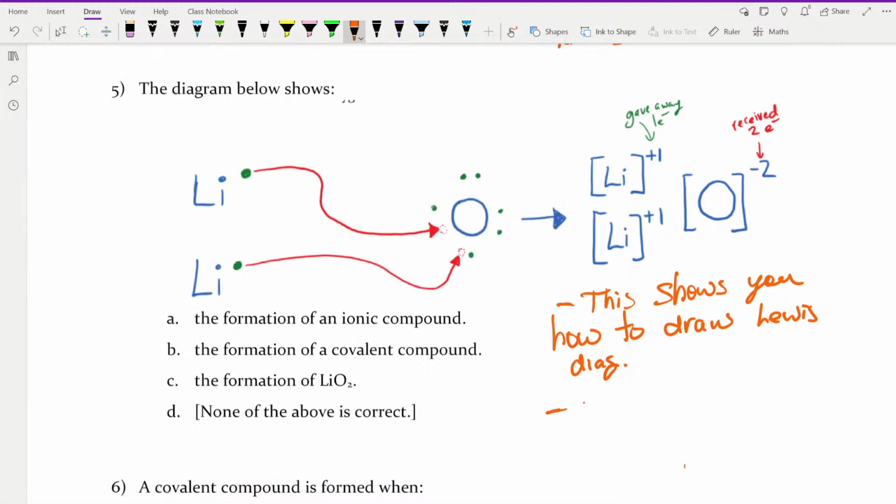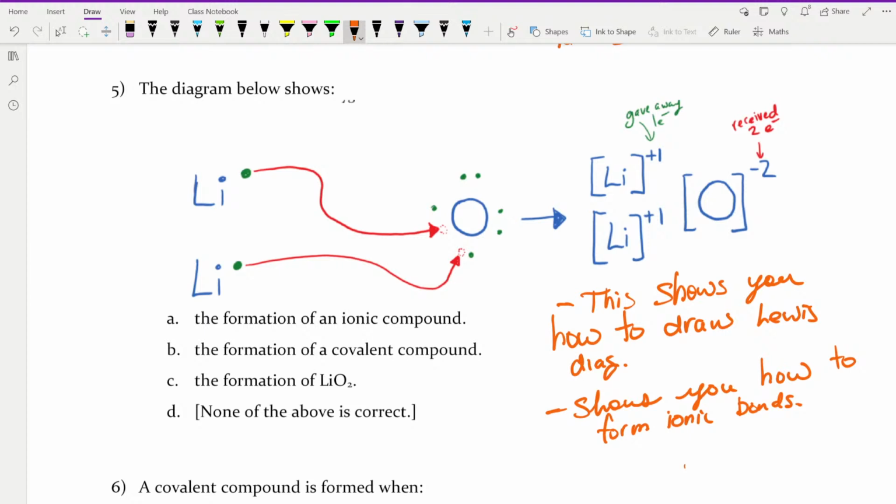It also shows you how to form ionic bonds, giving and taking electrons. So this question's super useful. And as it happens, I've done it right, it's good.